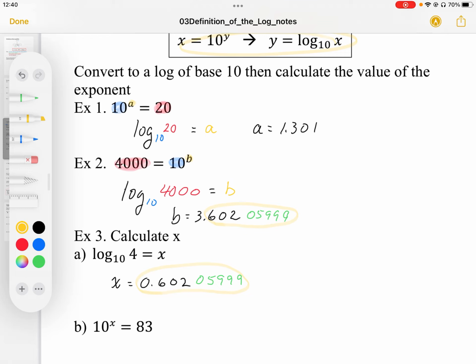And if we take a closer look, we have log of 4 and log of 4,000. And it's pretty easy to see that probably that decimal 0.602 in both cases might have something to do with the 4 in both of those logs.